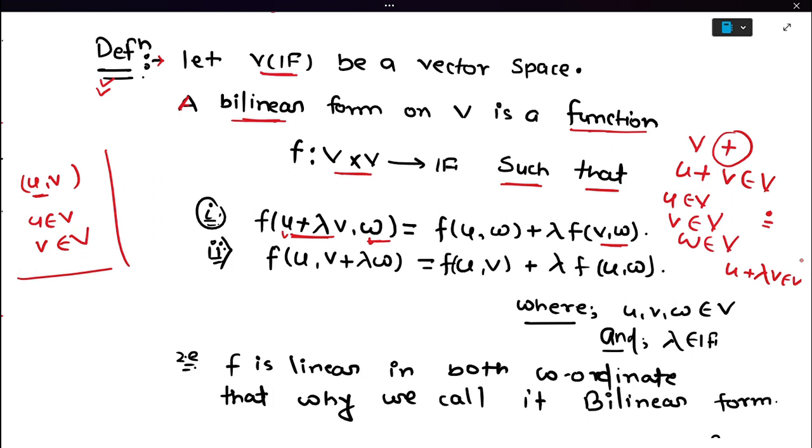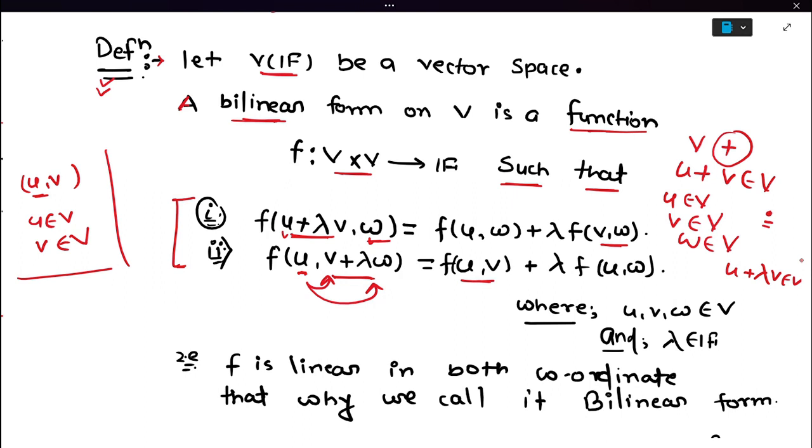And the second condition is f(u, v + λw) equals f(u, v) + λf(u, w). So a function from V cross V to F should satisfy these two conditions. We call that function a bilinear form.